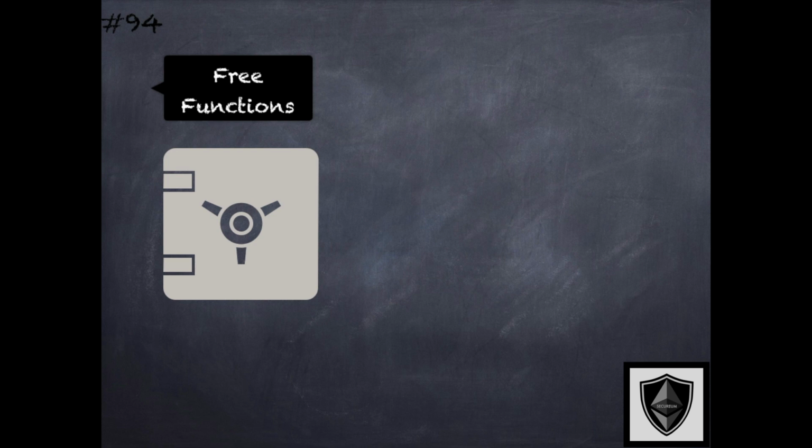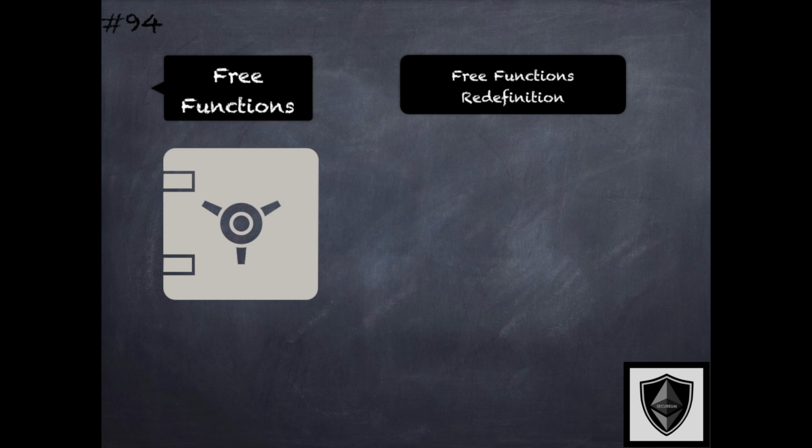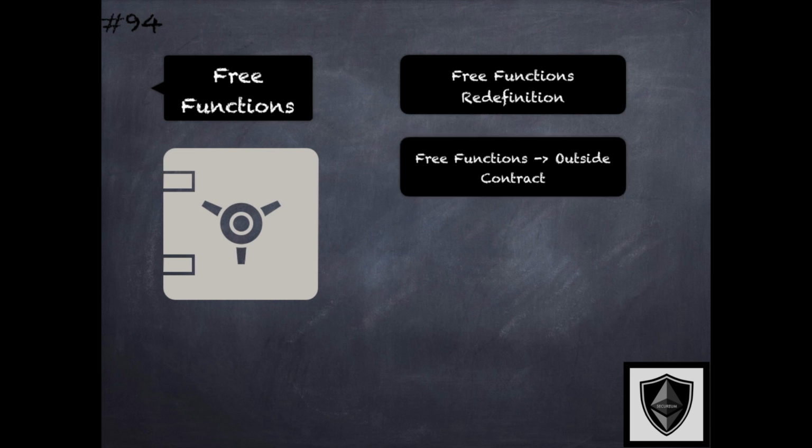The last compiler bug that we are going to discuss in this module is related to free functions, specifically the redefinition of free functions. Recall that free functions in Solidity are functions that are declared outside contracts. They are declared at a file level.